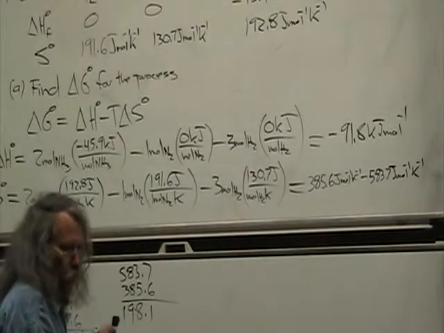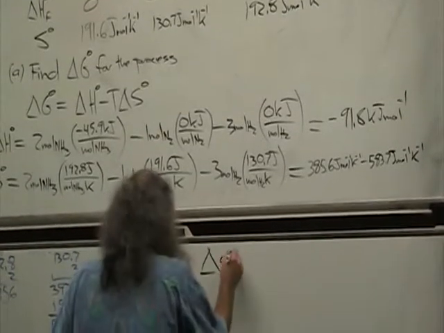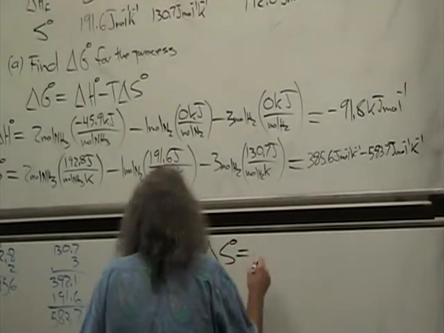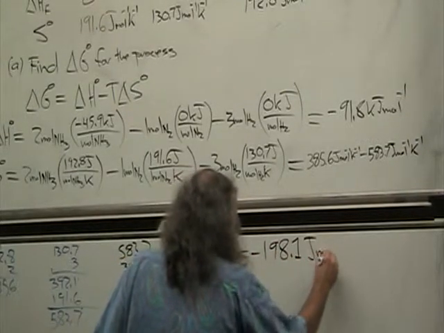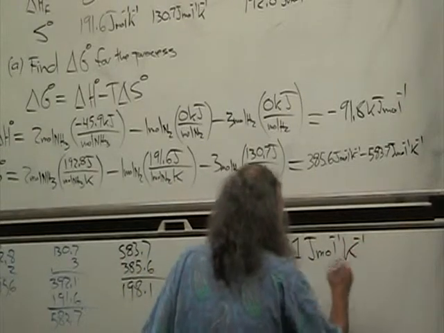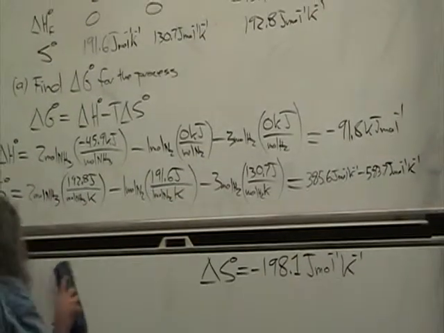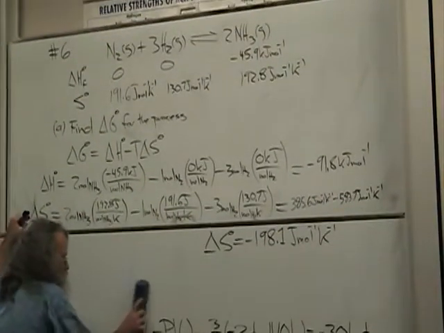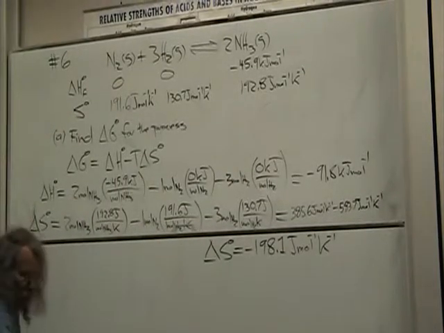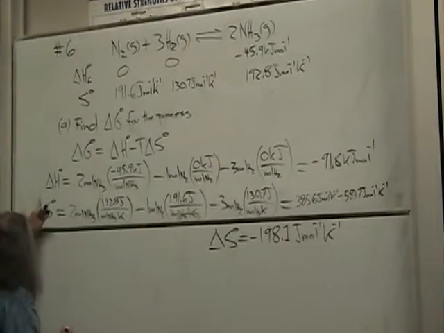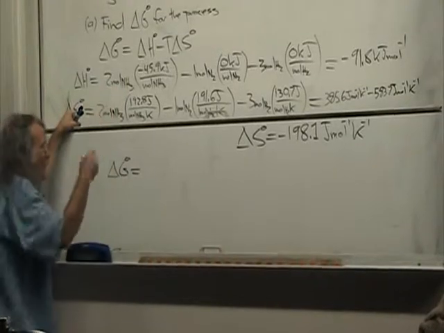So now the change in S, the delta S, back on the page, is equal to minus 198.1 joules per mole. And this is why I had to bring back the mole per mole business, because now we have to do another calculation, which is ultimately delta G naught equals delta H naught minus T delta S naught.